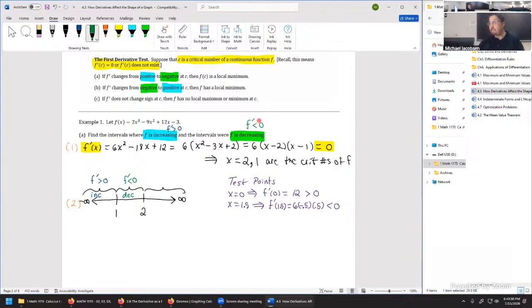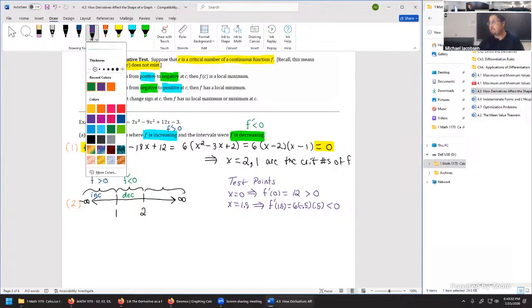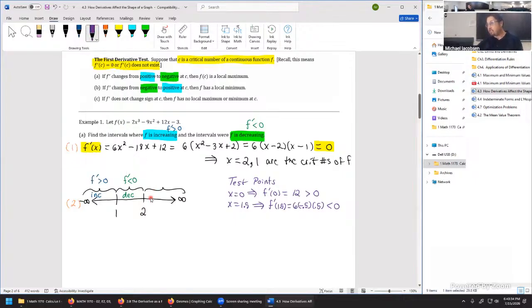Then just rinse and repeat. So on the next interval, you could pick any convenient number. I would say 3 is a nice rounded number to pick on this one. x equals 3 implies we'll get f prime at 3 equals, again, you could plug it here, but possibly be using a calculator. Way easier to compute here.